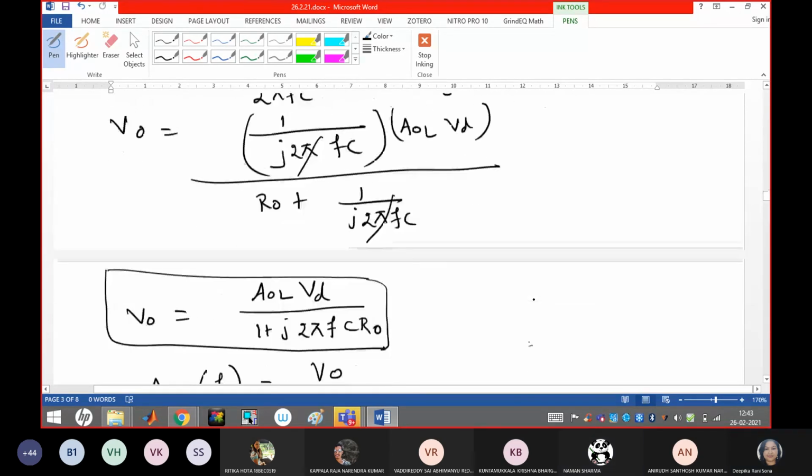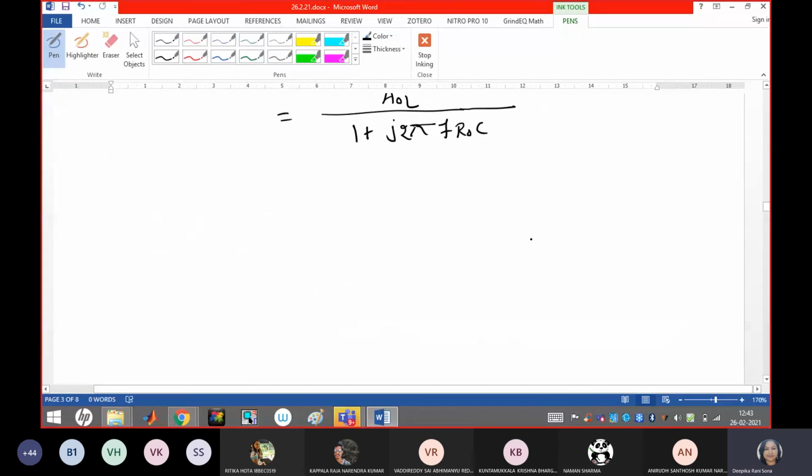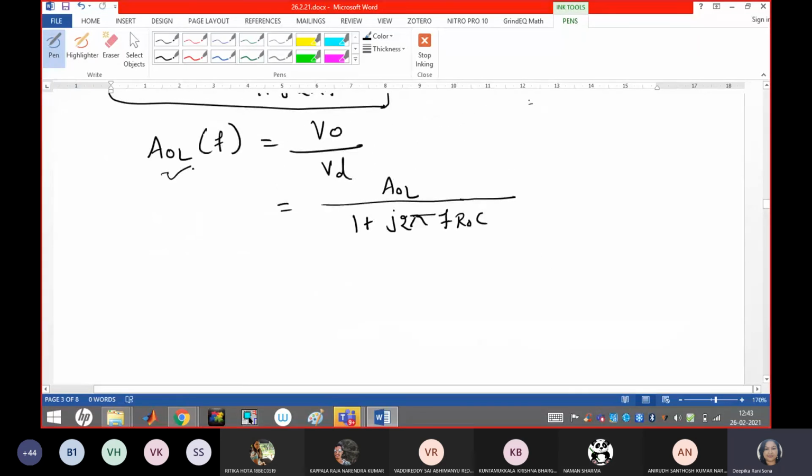Got it, ma'am. So now I may state this as a statement: the open loop voltage gain in terms of frequency, or as a function of frequency, can be represented like this.